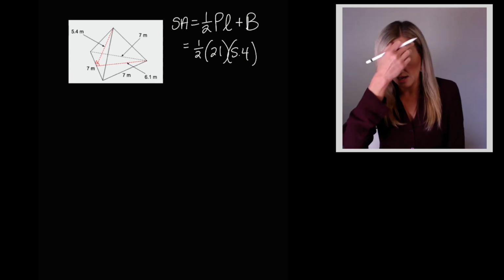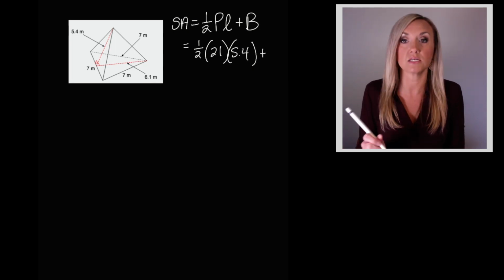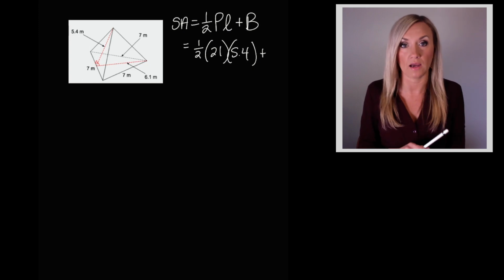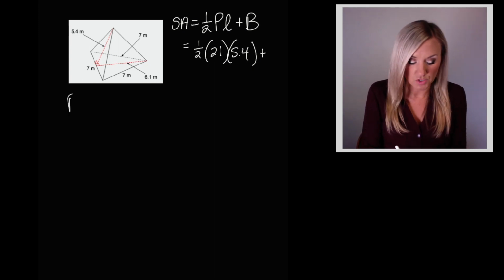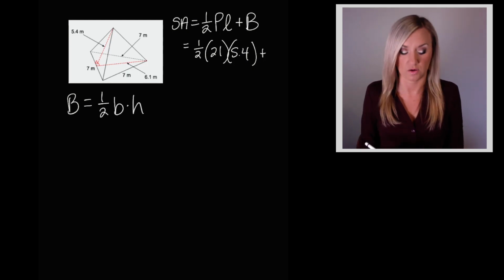Okay, and then we have the area of the base, and the area of the base, because it's a triangle, is 1/2 base times height. So I'm going to do a capital B over here and do 1/2 base times height of our base.